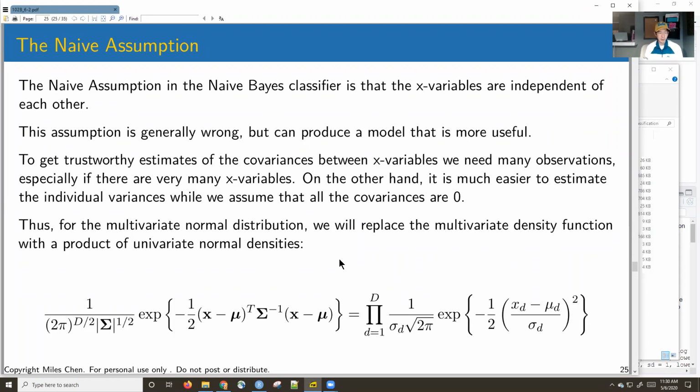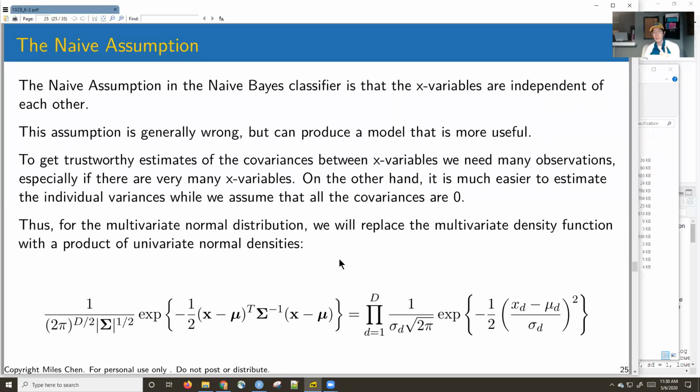The other important part is that if you have a lot of x variables, then the covariance matrix gets bigger and bigger, right? It grows on the order of d squared.